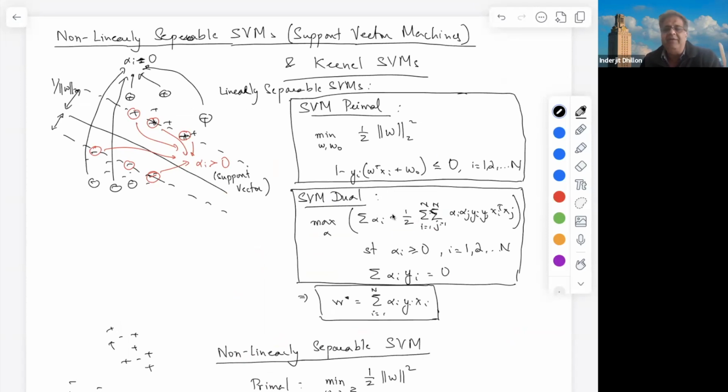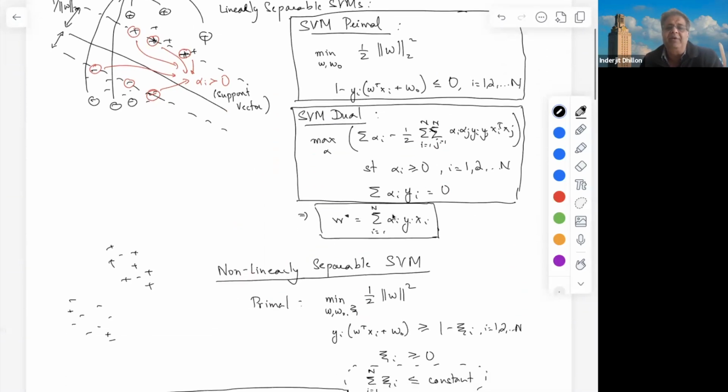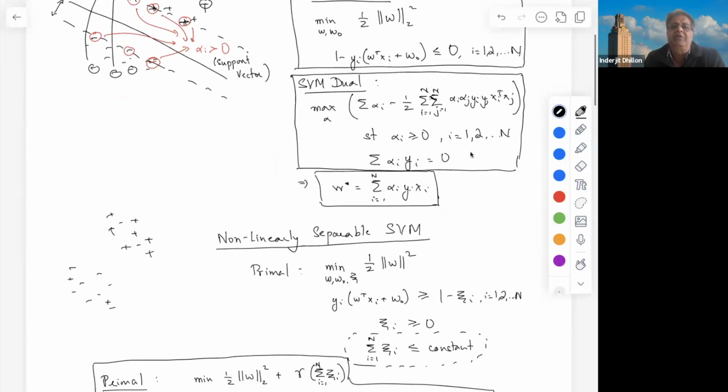Just make a mental picture of this: you have an objective, summation of alpha i, i equals 1 through n, then some quadratic term in the alphas, a linear inequality, and a balancing constraint.